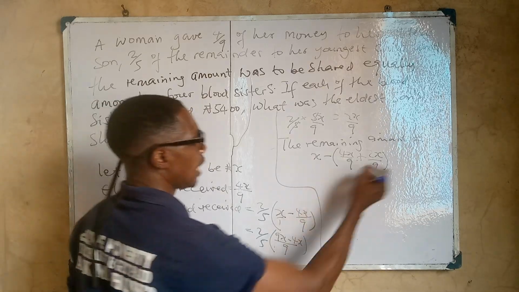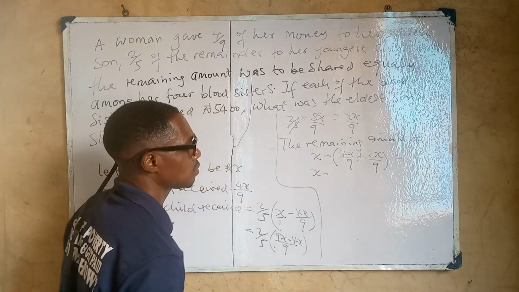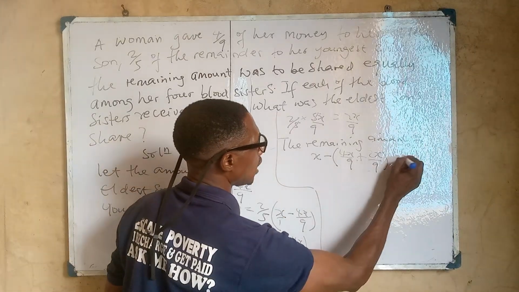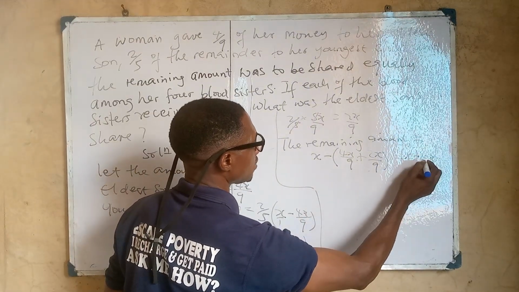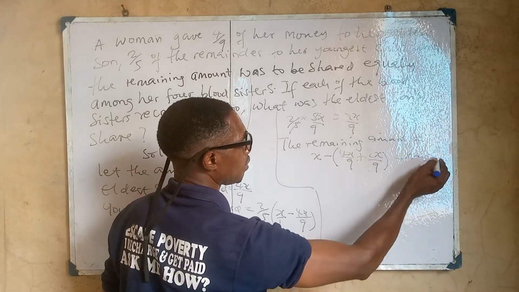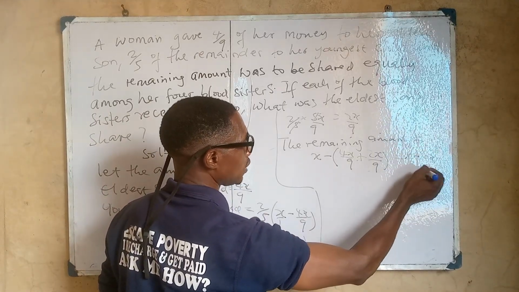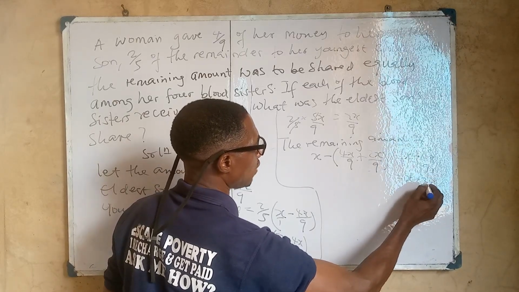That gives us x minus 6x over 9, which is 2x over 3, so I have x minus 2x over 3.